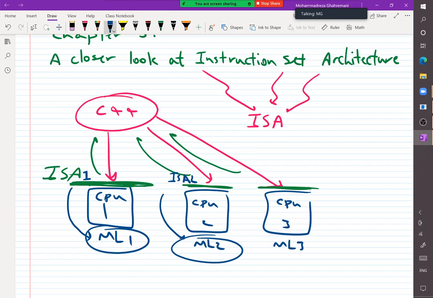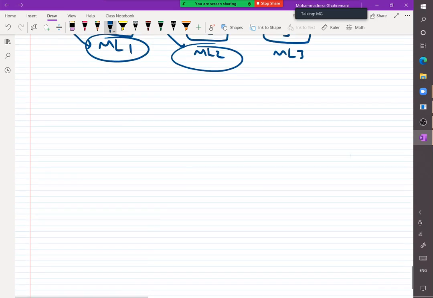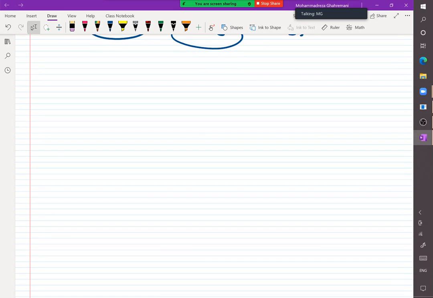I think it should be clear, because we have something called ISA, which translates any high level language to machine level language. Any question?